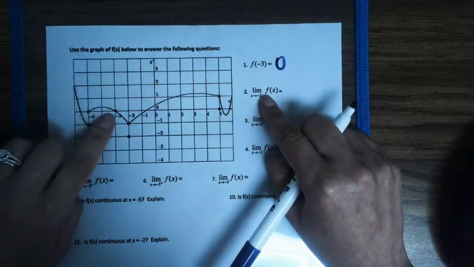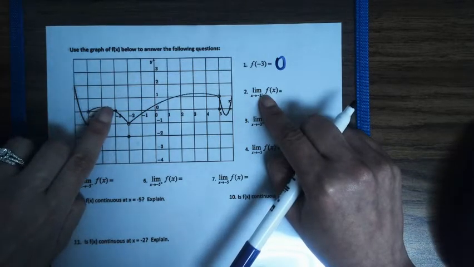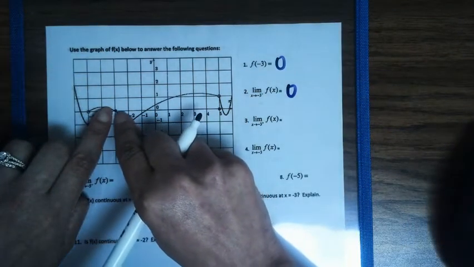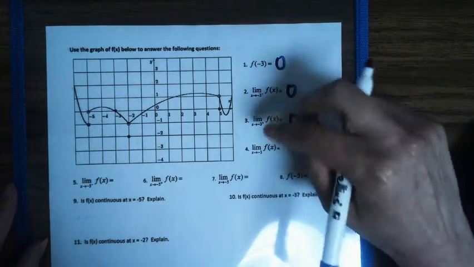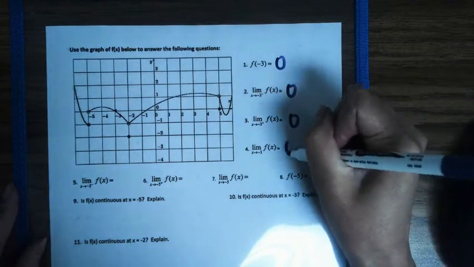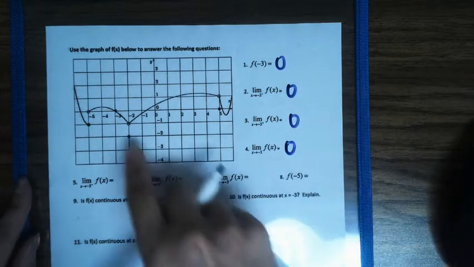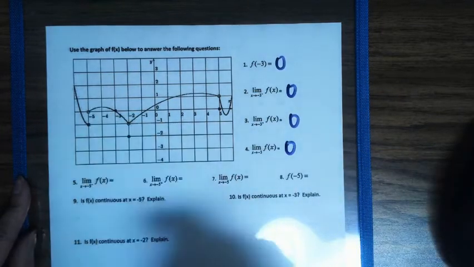Negative 3 is over here again. From the left side, I'm seeing that it's approaching 0. From the right side, what's going on at negative 3? It's approaching 0 as well. Therefore, overall, since these two are the same, what can I conclude? That this is 0 as well. So as you can see, everything is equal to 0. Therefore, this is continuous.